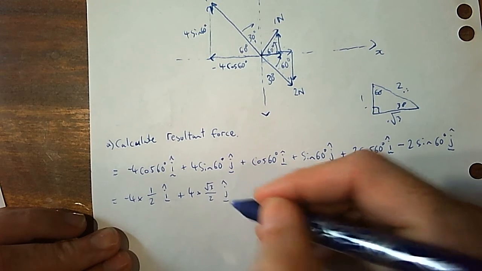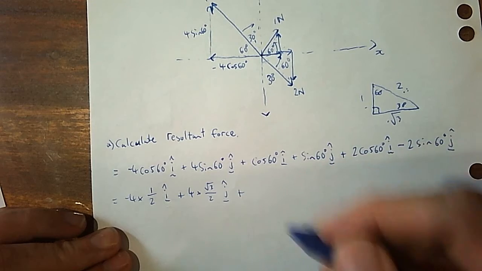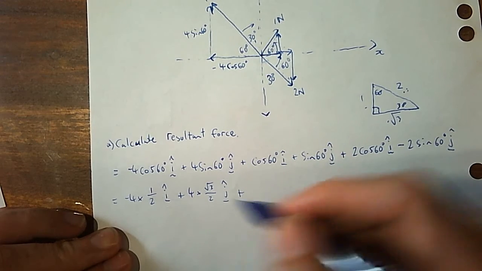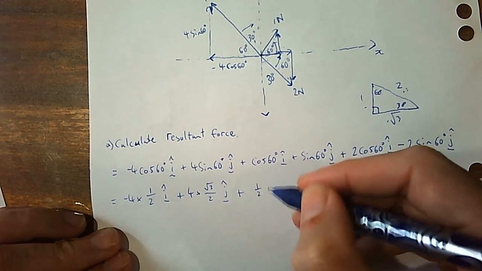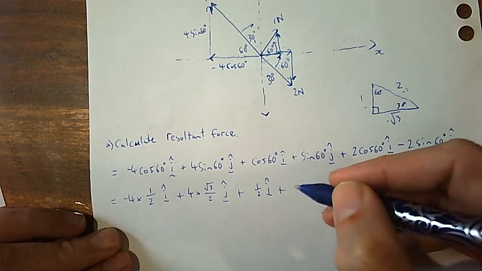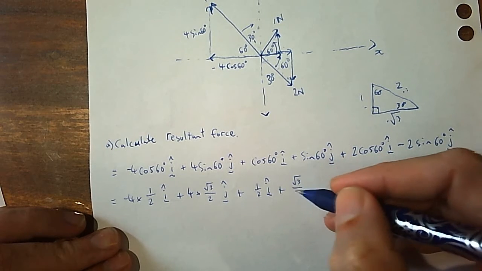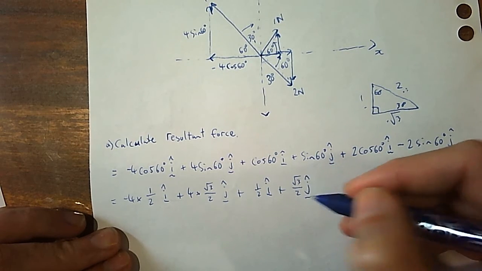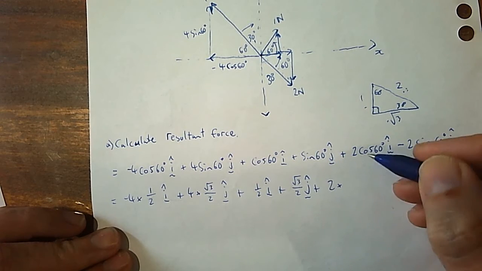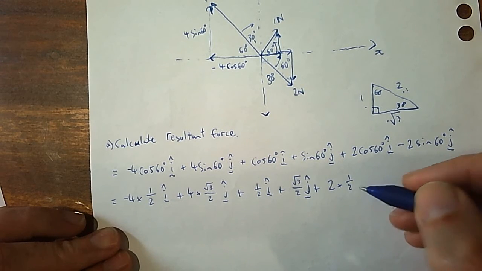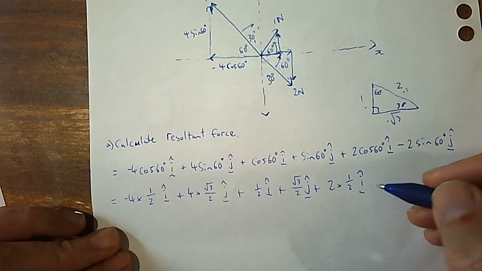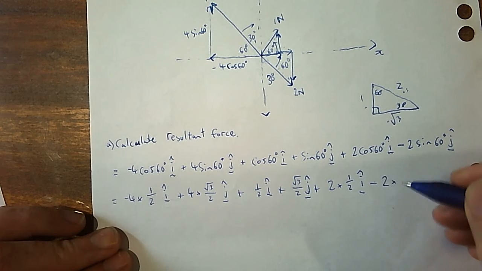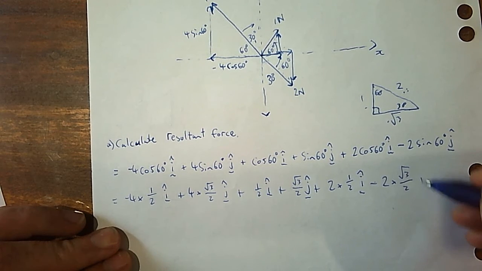That's my J component there. And I've worked out the rest. Luckily for me, they're all the same. So it's going to be another half I plus square root of 3 on 2 J, plus 2 times cos of 60, which is a half I, take away 2 times square root of 3 on 2. That's a J component.